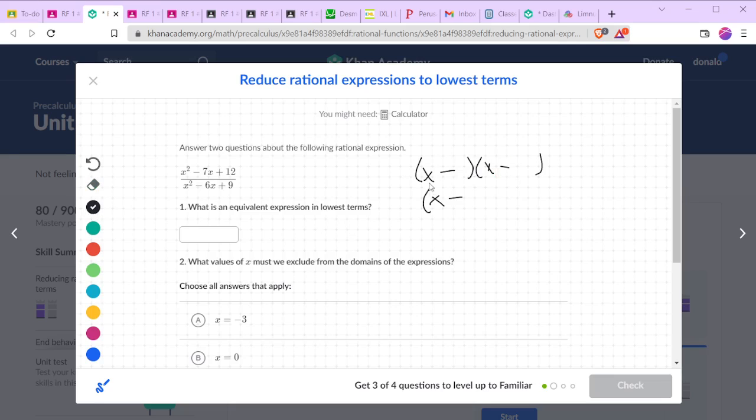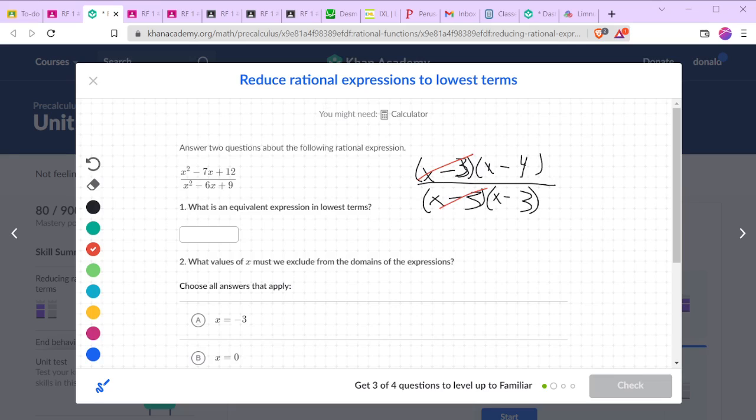The middle signs in the top tell us that we are subtracting. So numbers that multiply out to 12 but add up to 7 are 3 and 4. Numbers that multiply out to 9 and add up to 6 are 3 and 3.